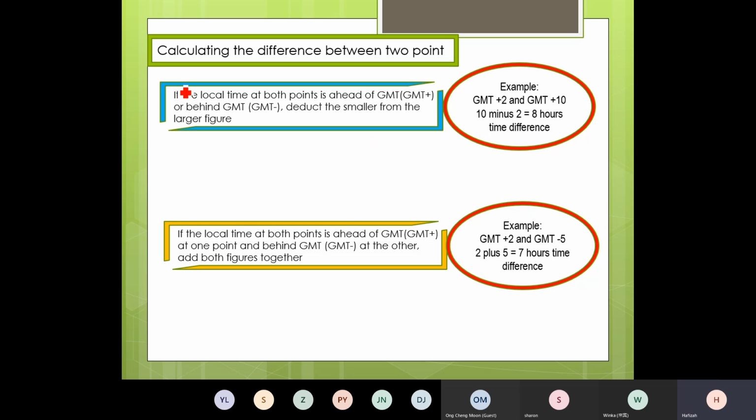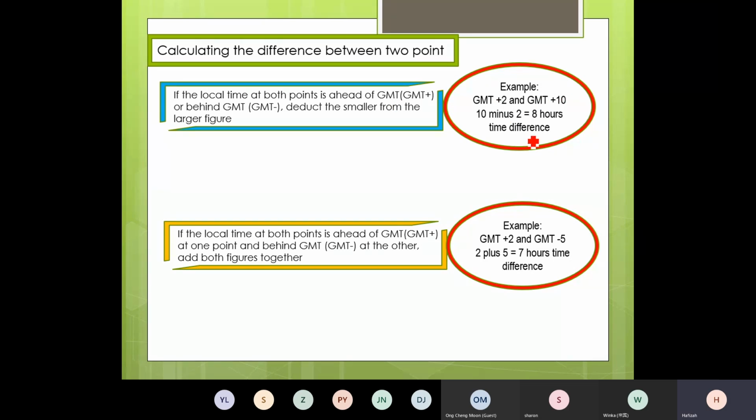If you look here, if the local time at both points is ahead of GMT or behind the GMT, deduct the smaller from the larger figure. The example is here. GMT plus 2 and GMT plus 10. If the local time at both points is ahead of GMT, it means both are plus.